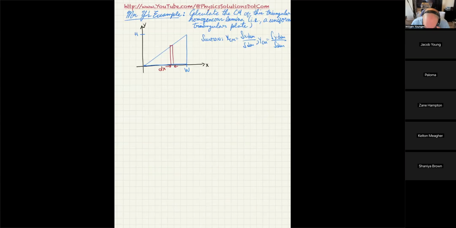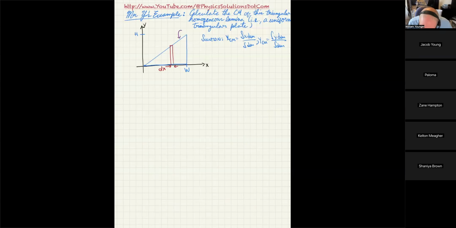Now, the equation for this will be helpful, so I'm going to show you that as well. What we're going to do is figure out the mass, the dm, of that little rectangle I just drew. The height of it is the functional value. The y as a function of x is a line that represents the hypotenuse of that triangle. If I subtract 0 from that, that gives me the height of the rectangle.